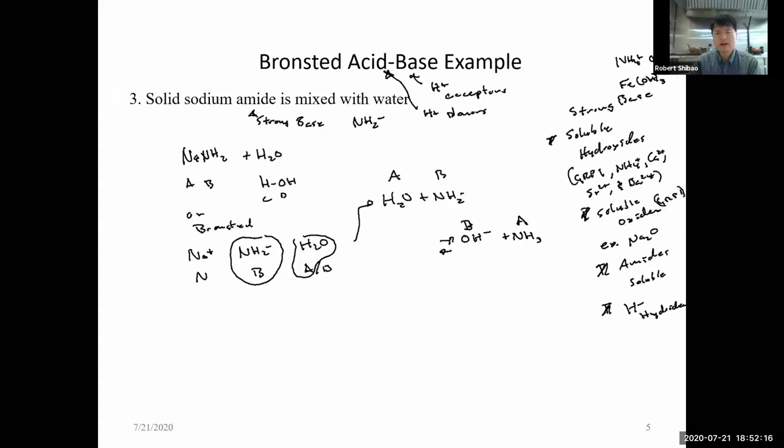Well, do you have your acid-base chart handy? Take a look at the acid-base chart, and why don't you tell me which one's stronger? Which one's a stronger acid, water or ammonia? The acid-base chart I posted on Piazza.